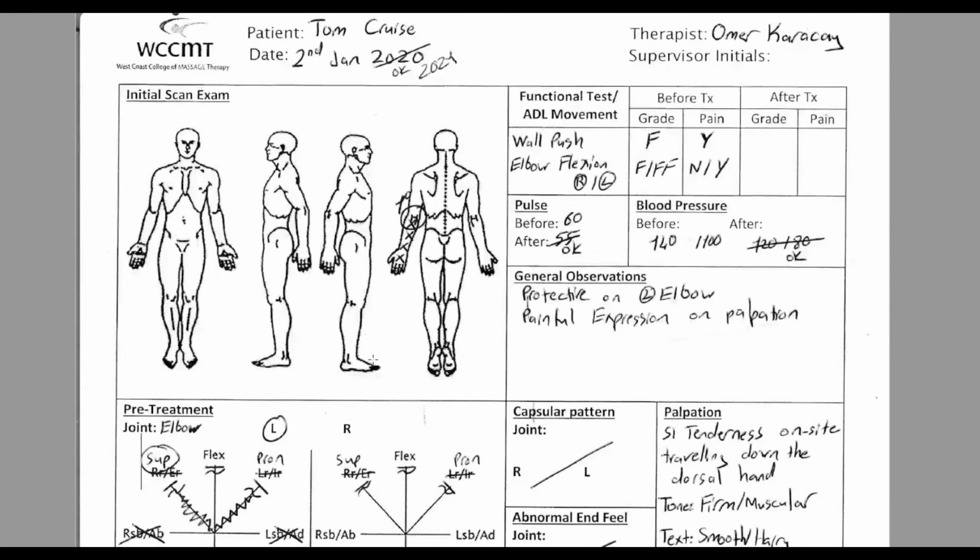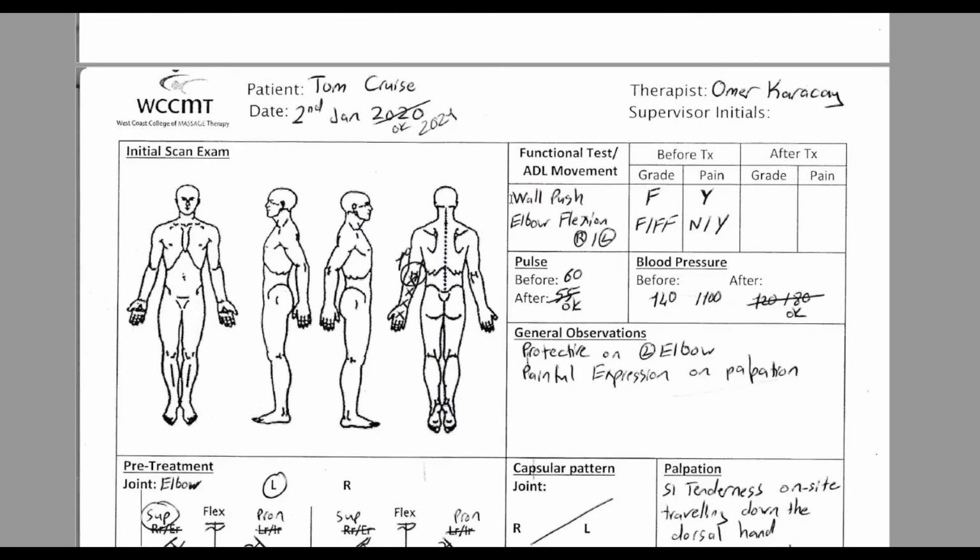Now this is a great example of why we need to do relevant testing. So wall push is an example for elbow extension, and weighted elbow flexion is an example for elbow flexion. That actually needs to be corrected, so there are a lot of mistakes here that I would like to show you.